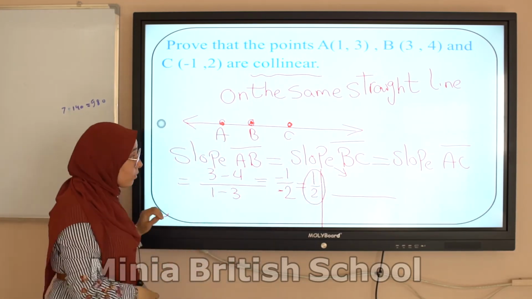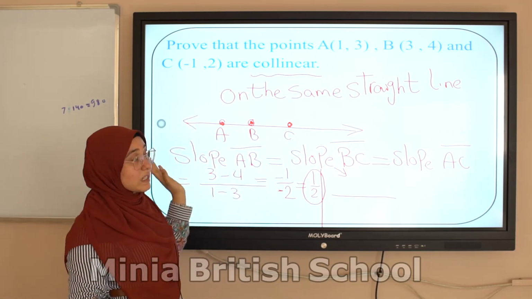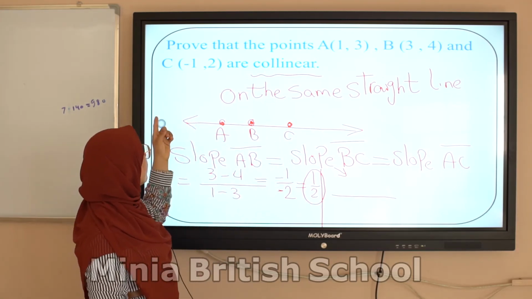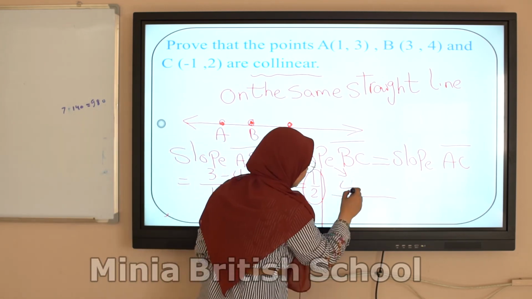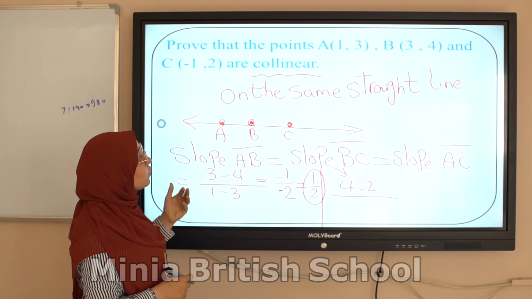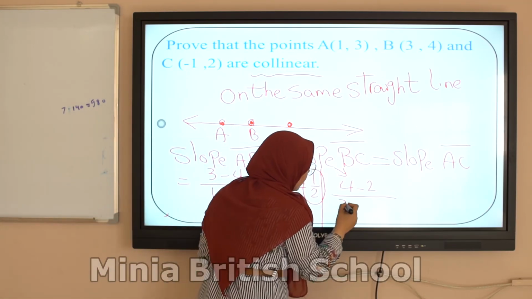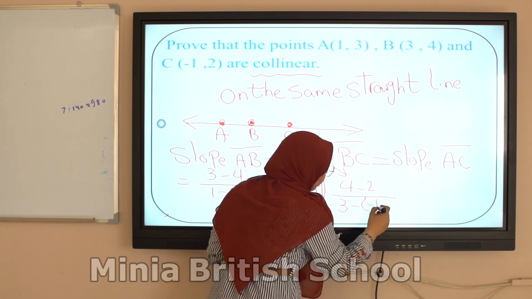Now the slope of PC equals 4 minus 2 divided by 3 minus negative 1.